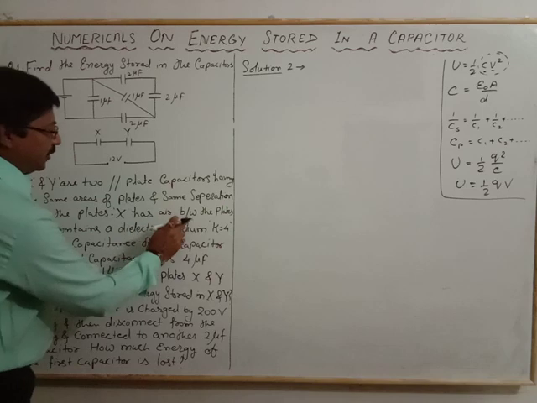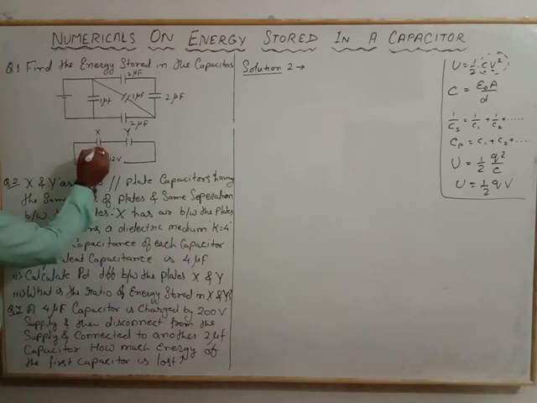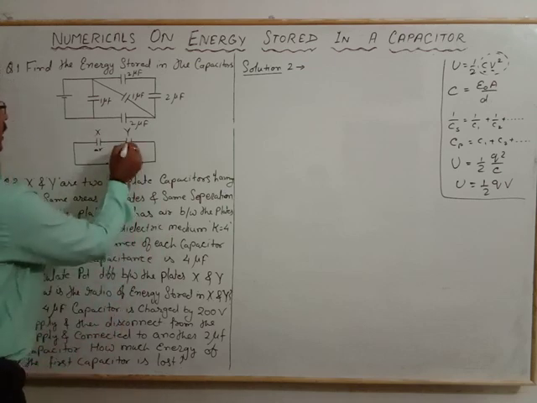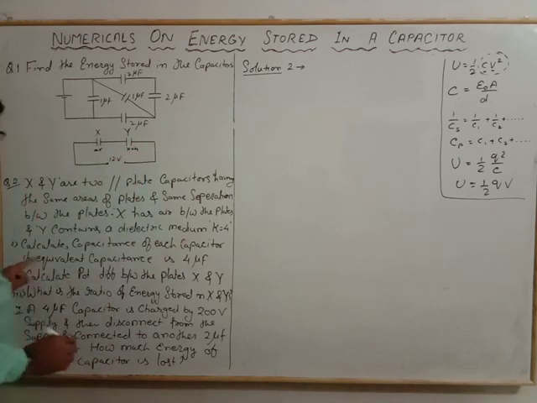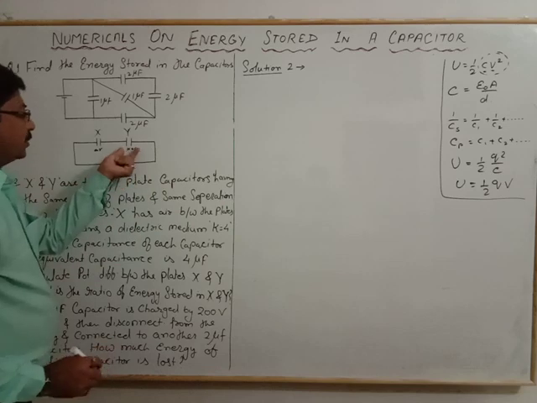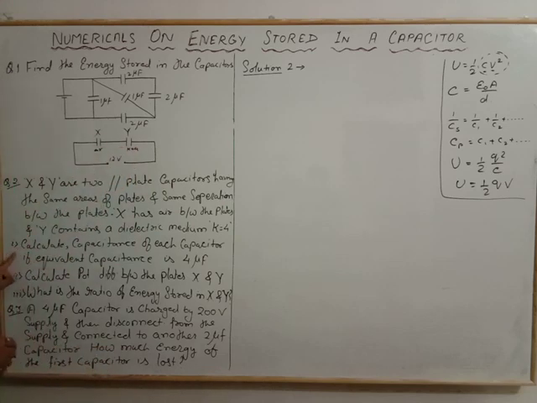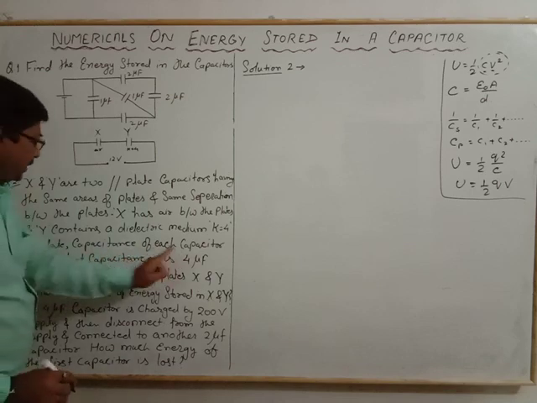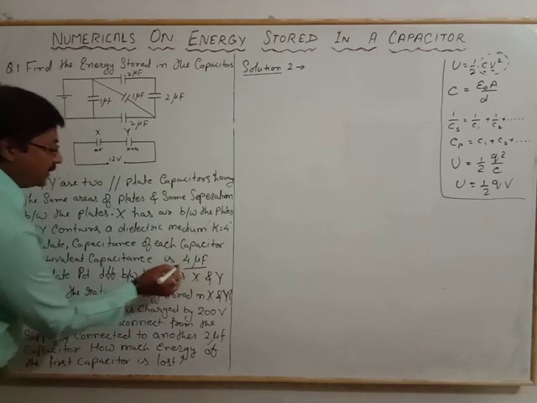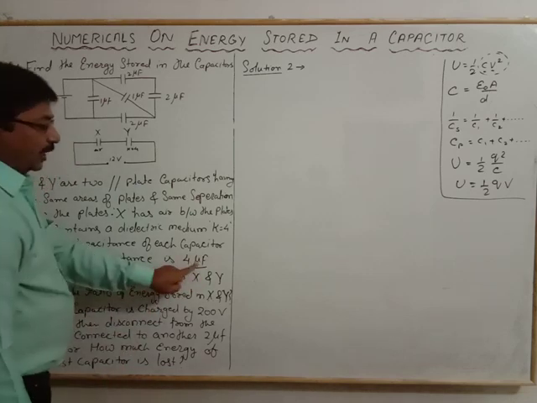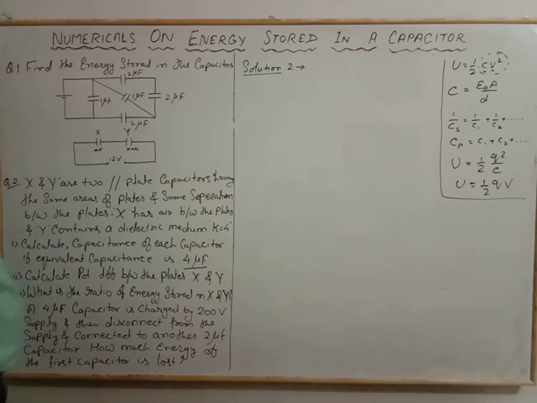X has air between the plates, an air medium, and Y has a dielectric with K equal to 4 between the two plates. Now the question is to calculate the capacitance of each capacitor if the equivalent capacitance is given, that is 4 microfarad.